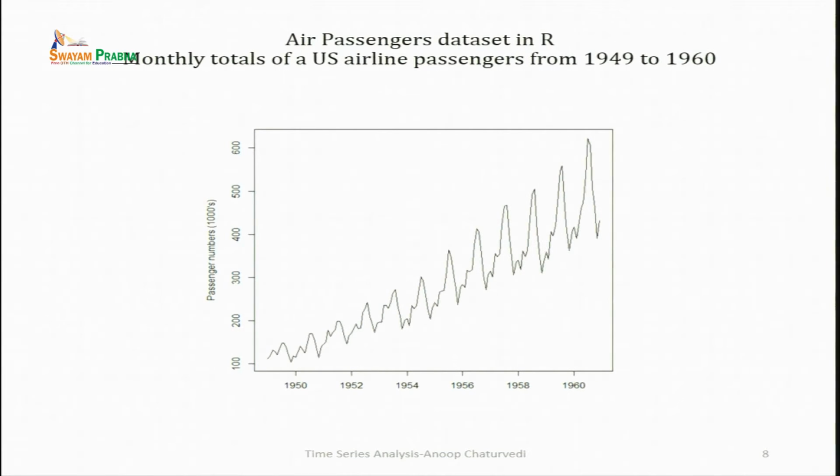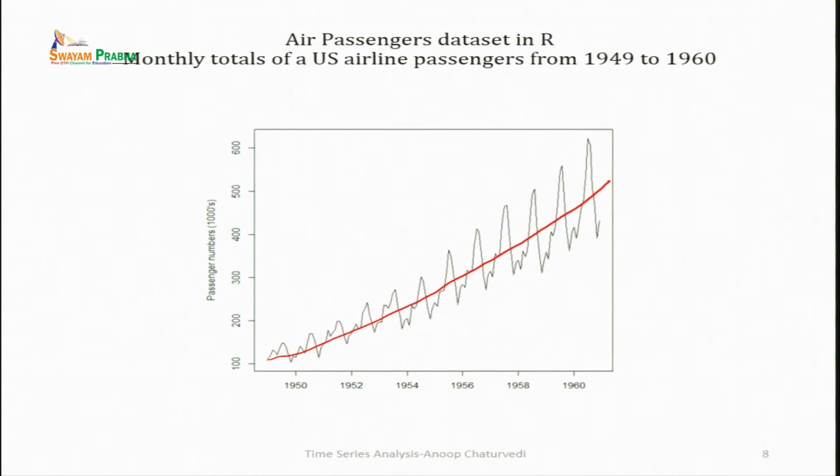Now, without going into much detailed analysis, just by looking at the graph, you also observe some kind of seasonality in the graph. In some particular months, around the trend component, you observe some kind of periodicity.